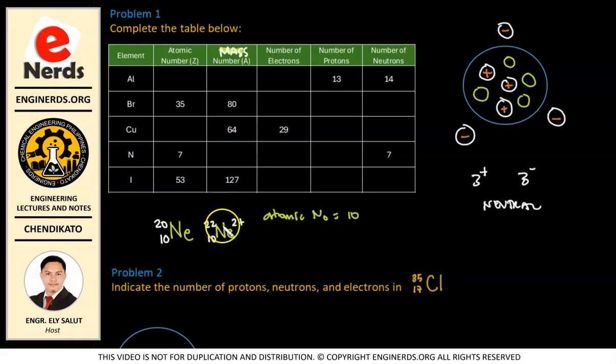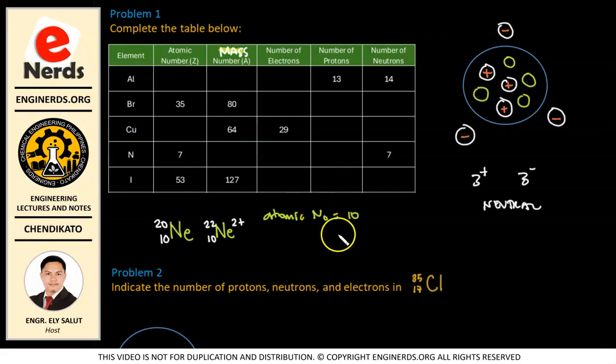As you can see here, it has 2 plus. At the same time, you will notice that we have 22 on the top left of our neon, which means that there are 2 additional particles inside our nucleus compared with our previous example. Using this idea, we are going to solve all of the problems that we have right now.